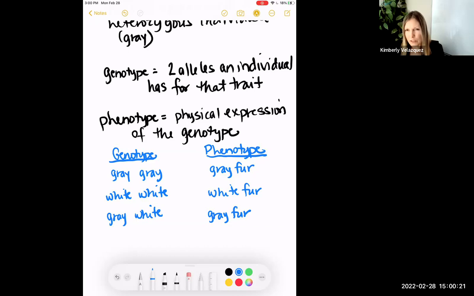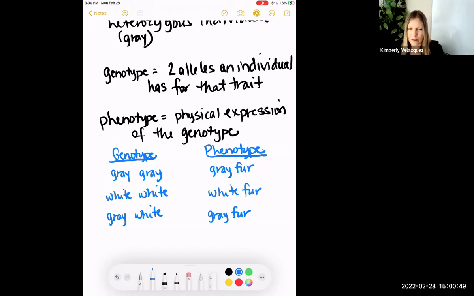In order to predict what offspring are going to look like based on the genotype of parents, scientists came up with a method for doing what are called crosses between individuals, looking at what the possible eggs are and the possible sperm when individuals mate. And they do that using a square called a Punnett square.